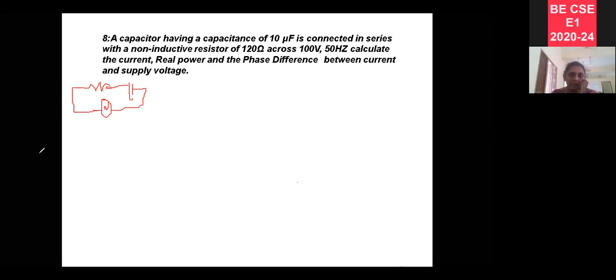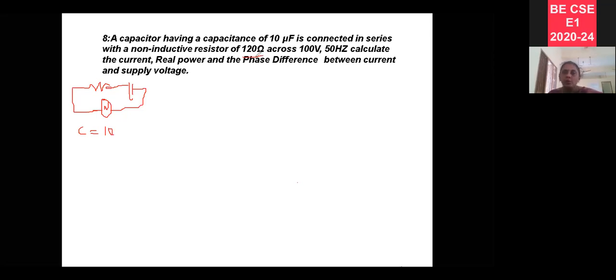Now capacitance is given. C is equal to 10 microfarad. Micro is going to be 10 power minus 6. Next, the resistance value is given. Resistance value is 120 ohms.